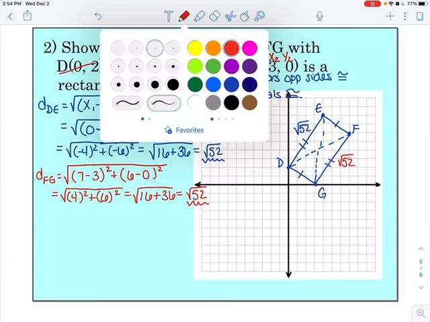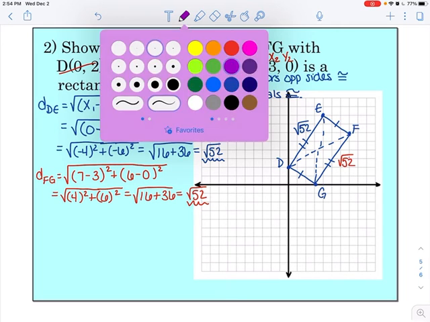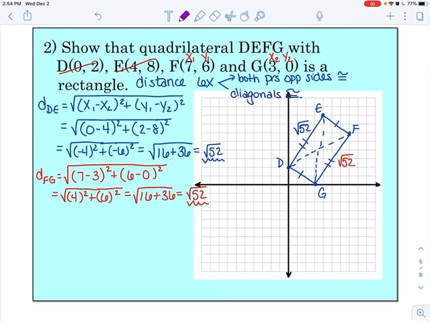Again, it doesn't matter which one of those sides you do first. How about we do side DG. So let's do the distance of DG. Again, this time I am ignoring E and F, and I'm using D and G. So we'll have our X1, Y1, X2, Y2.